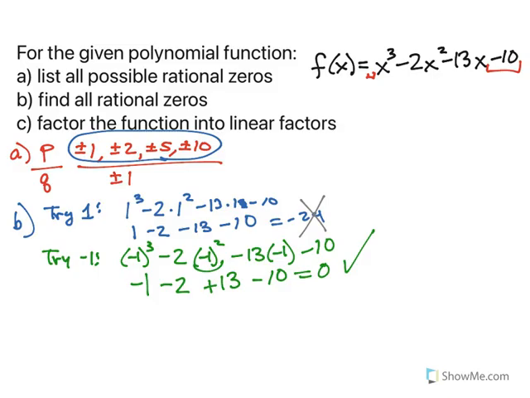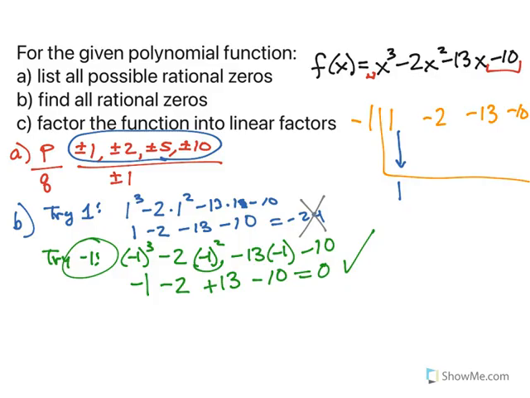So, now that I know that negative 1 is one of my zeros, I'm ready to do synthetic division. So if I take my coefficients, 1, negative 2, negative 13, and negative 10, and I'm going to use negative 1 for my value. So I bring that 1 down, and now on the outside I multiply.